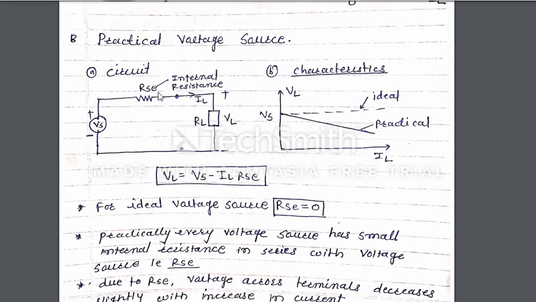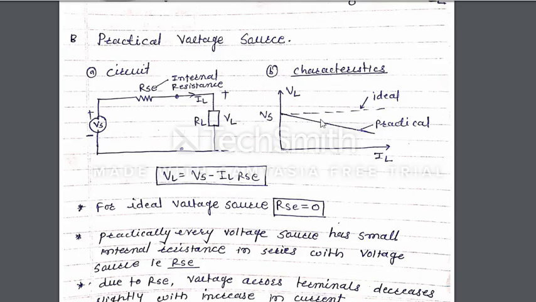Okay, so here terminal voltage VL is equal to VS minus IL into RSE. Okay, तो यहाँ पे जो वोल्टेज है VL वो क्या हो रहा है, डिक्रीज हो रहा है. Okay, you can see the voltage decreases because of the voltage drop across this internal resistance.